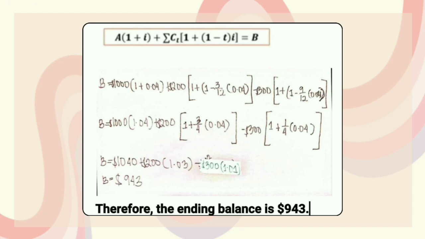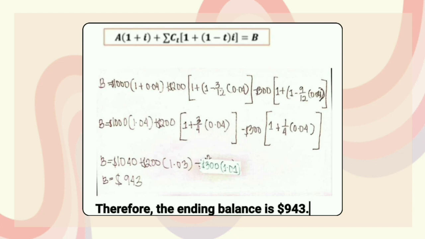Next is the $1,000. 1 plus 0.04 is equal to 1.04, plus $200. Then in the second part, 1 minus 3 over 12 is equal to 3/4, times the 0.04 interest.